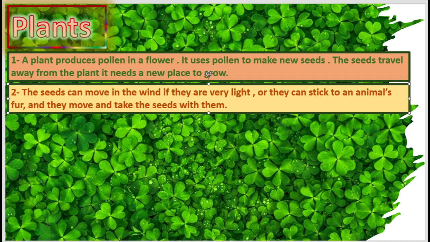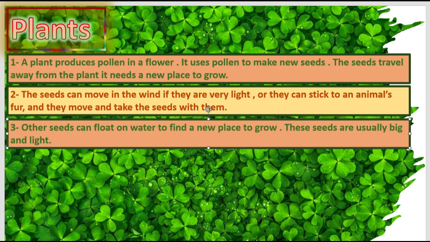Okay, way number 3, the float seeds. Let's take a hint about it. Other seeds can float on water to find a new place to grow. These seeds are usually big and light.